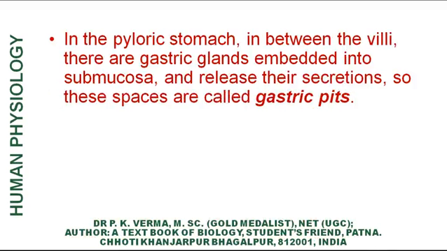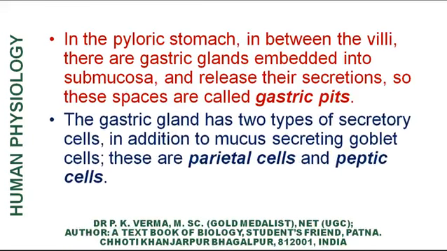In the pyloric stomach, in between the villi, there are gastric glands embedded into the submucosa that release their secretions, so these spaces are called gastric pits. The gastric glands have two types of secretory cells in addition to mucus secreting goblet cells.